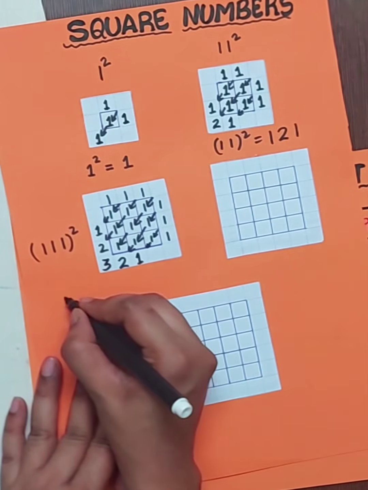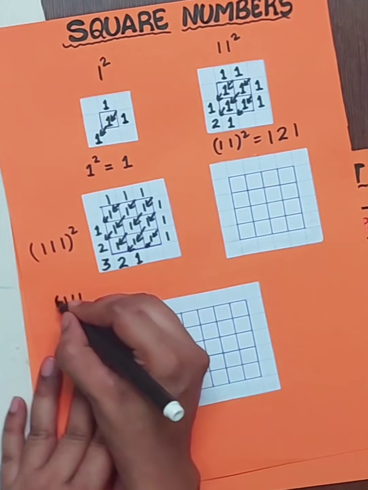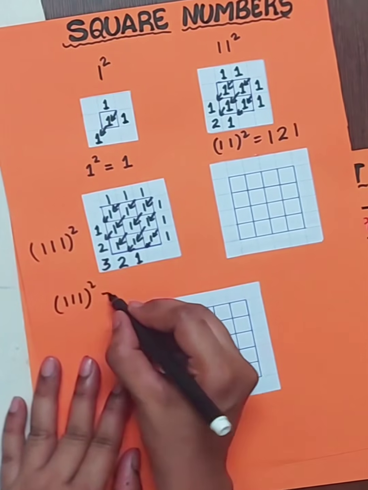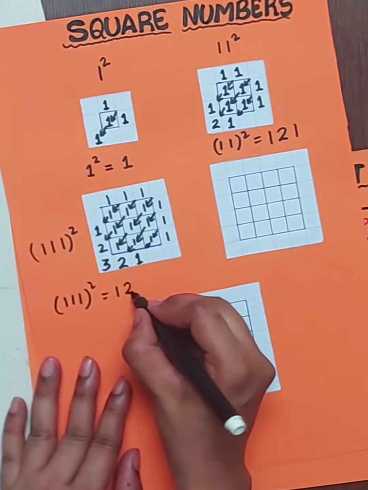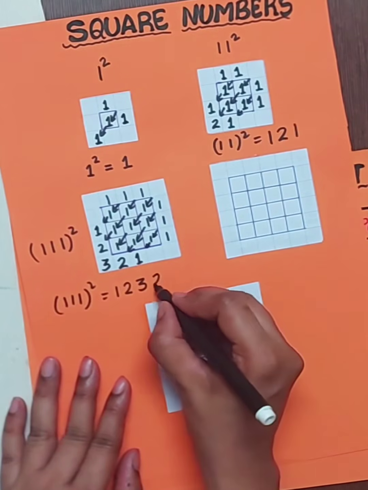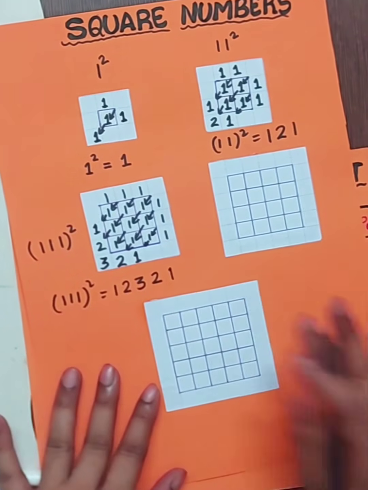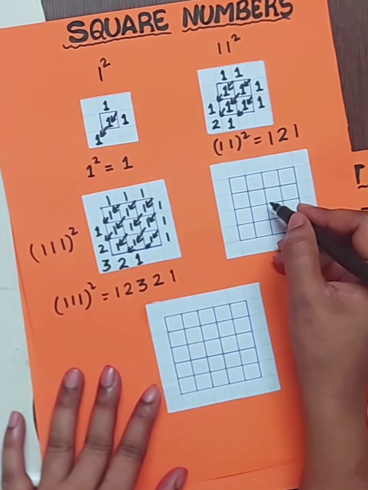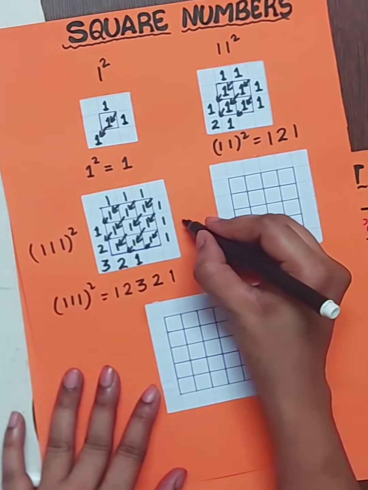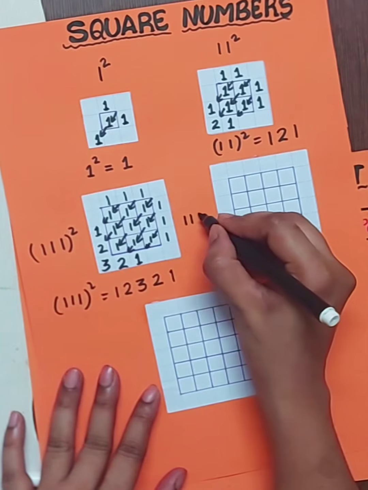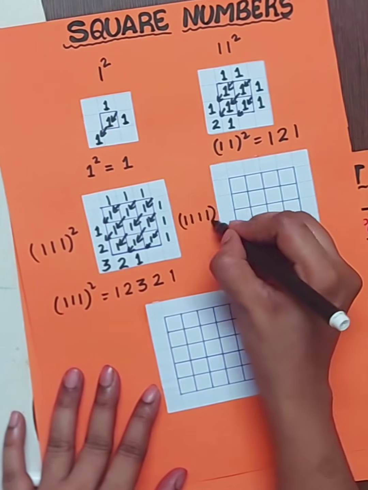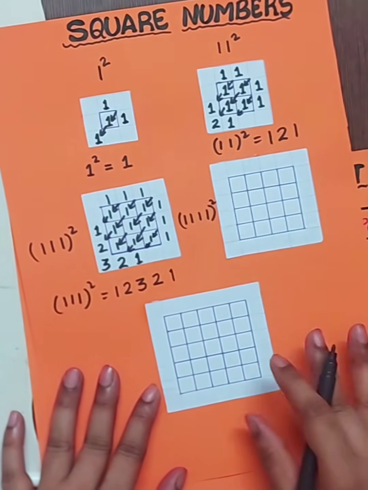So we'll write here. We will find out the square of this number, 1111.